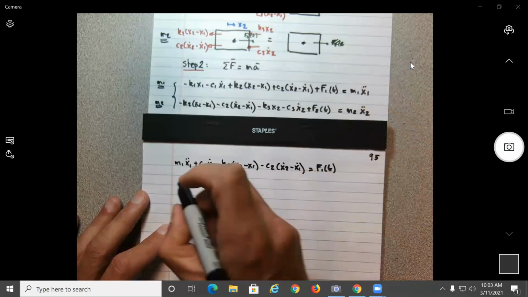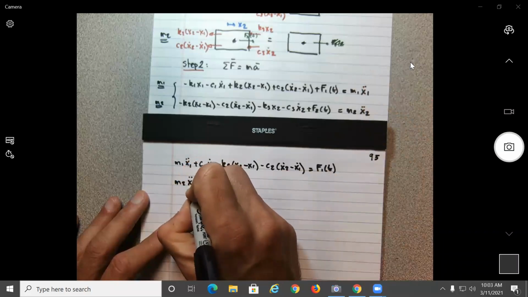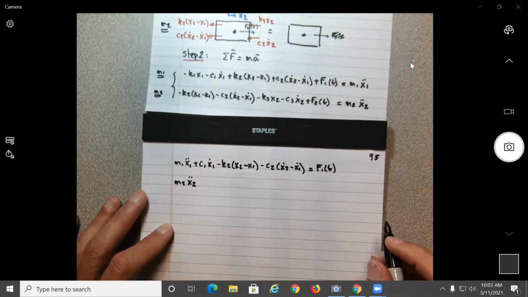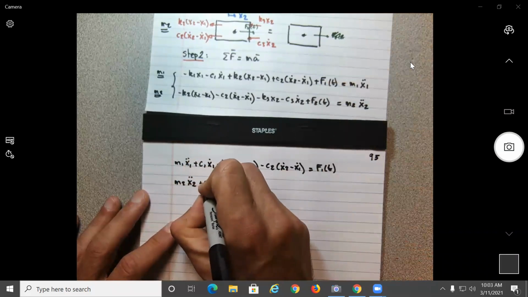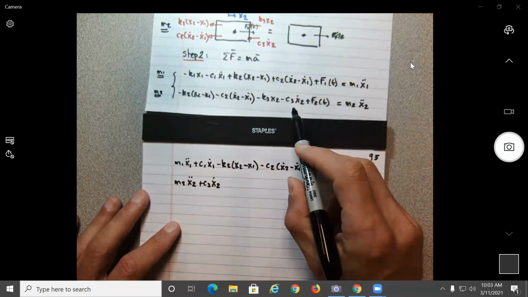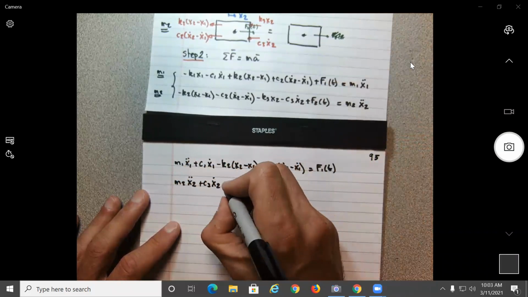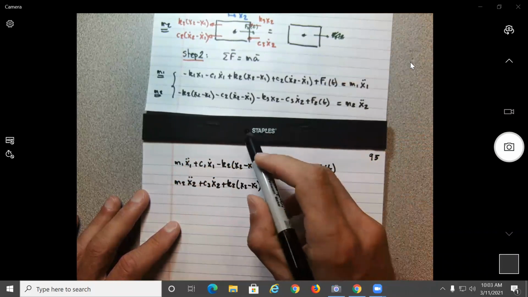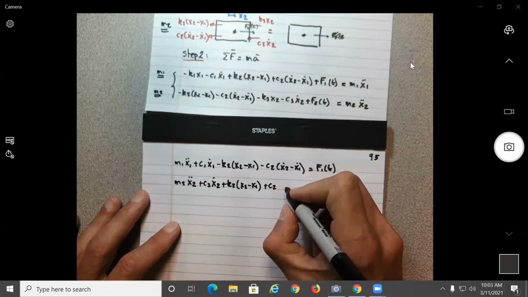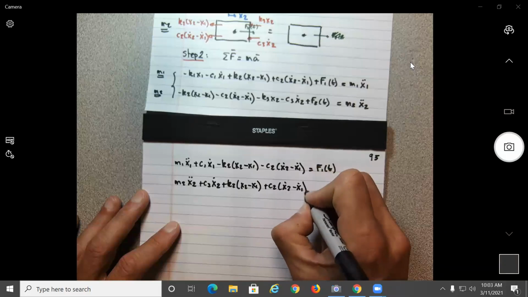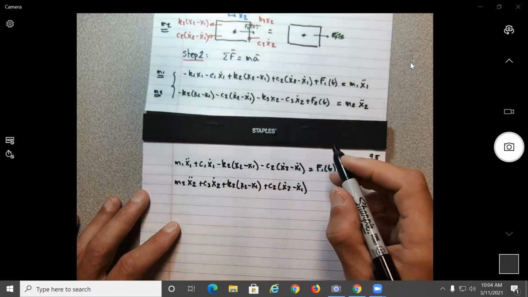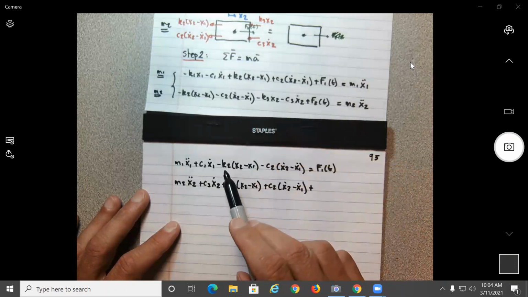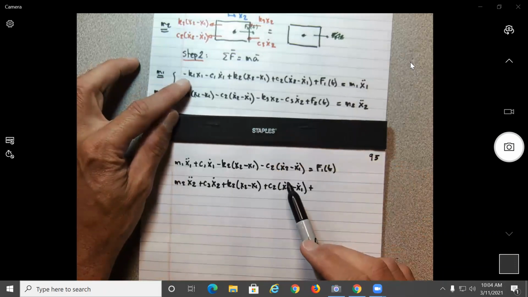I do the same thing with the other one. We're going to have M sub 2 X double dot 2 plus C3 X dot 2 plus K2 (X2 minus X1) plus C2 (X dot 2 minus X dot 1) plus, oops, I think here I forgot a K. Yeah, on the first equation I forgot the K1 X, no?